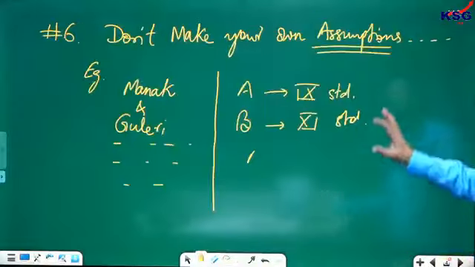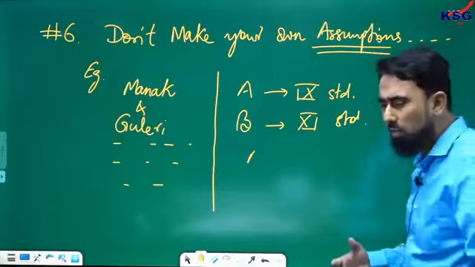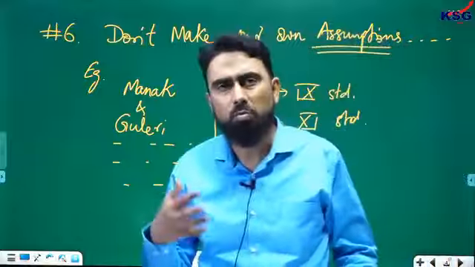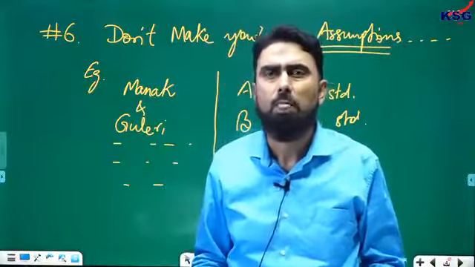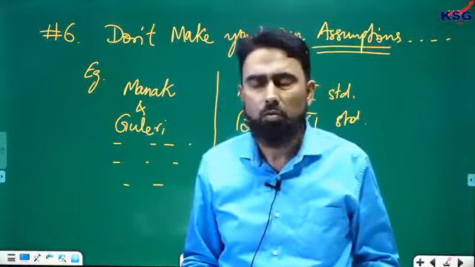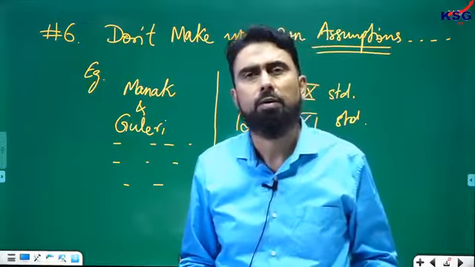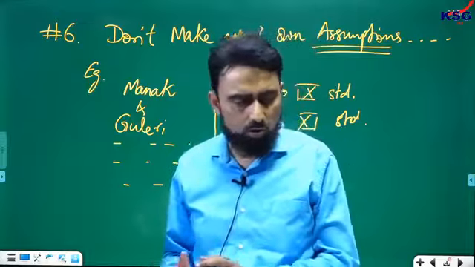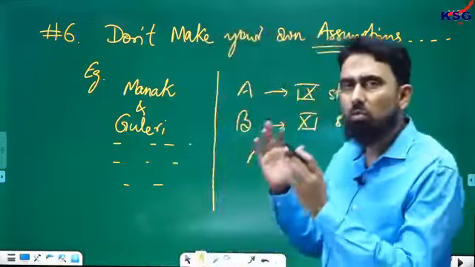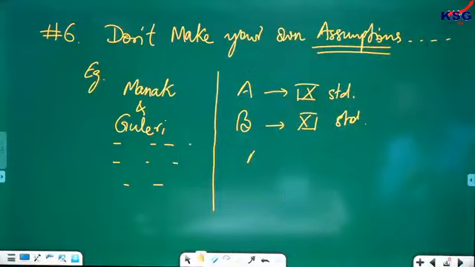Point number 6, what? Don't make your own assumptions. Of course, if you start making your own perception, your own preconceived notions and assumptions, then you will not end up getting the correct answer. So you just go by what the author's argument is, and then all those valid assumptions logically connected to the passage should be there.